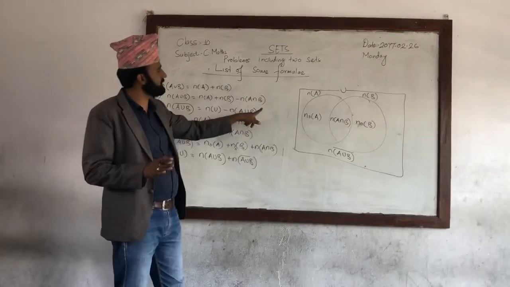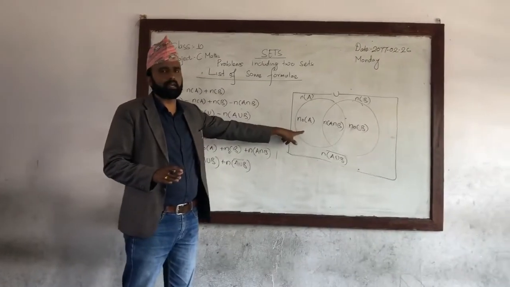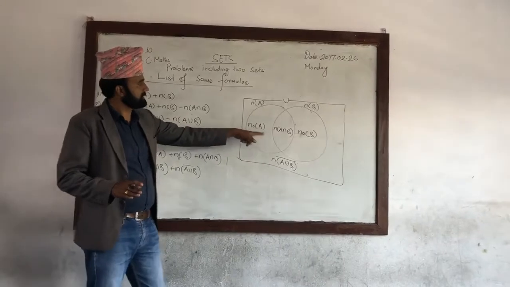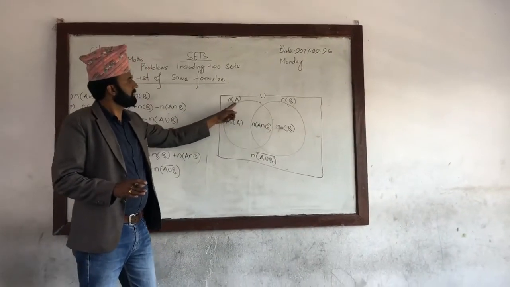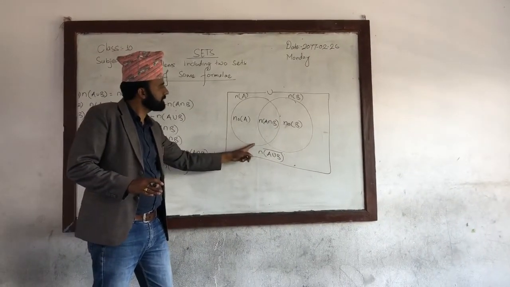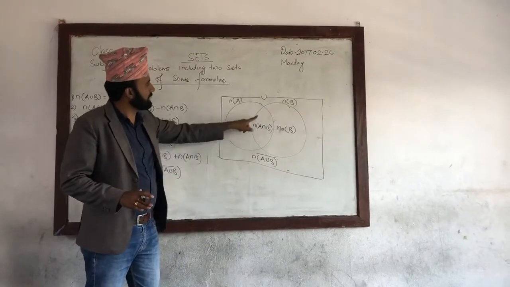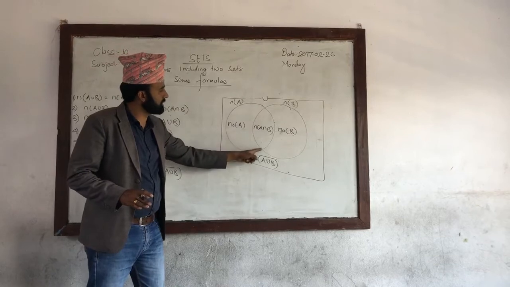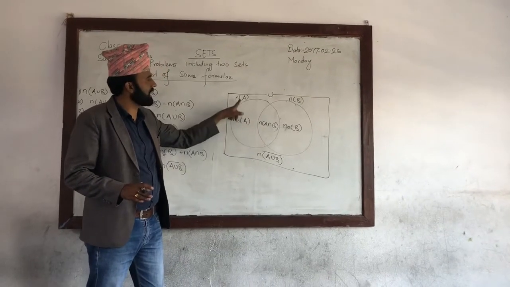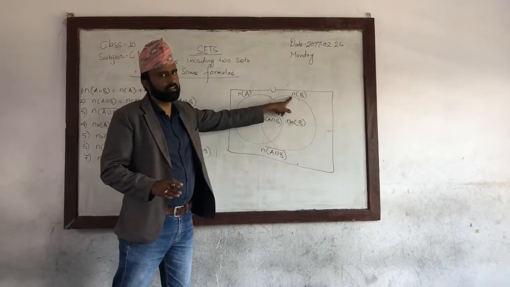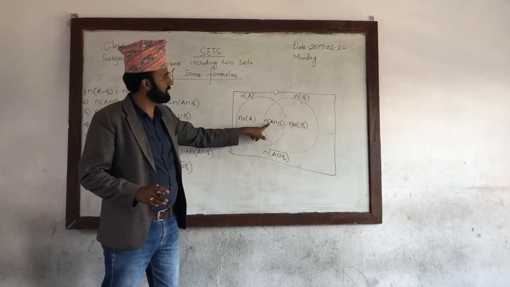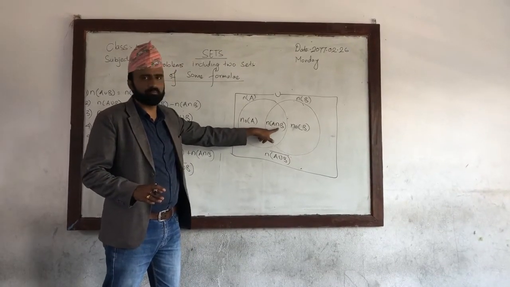You can see from this Venn diagram as well. This is set A, this is set B, and this portion is the common portion of set A and set B. That is called n(A intersection B).